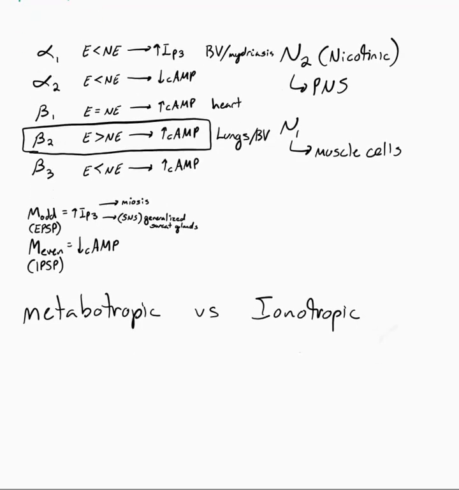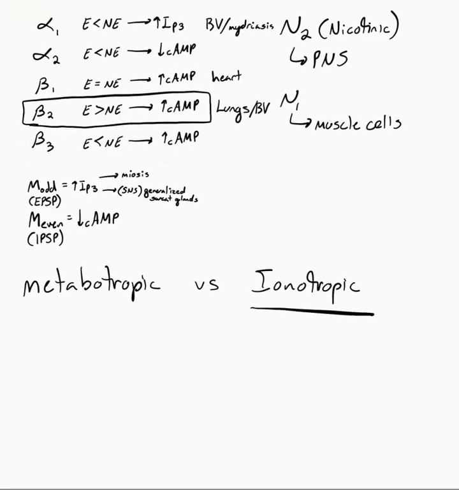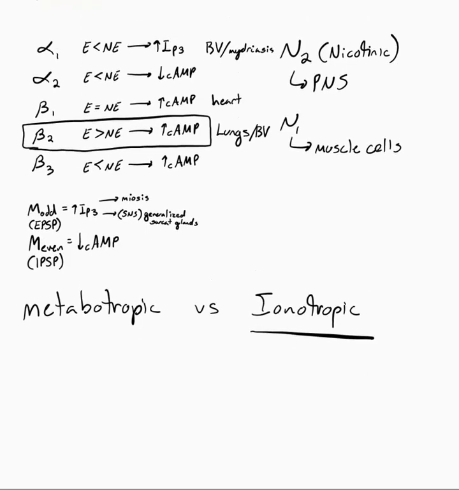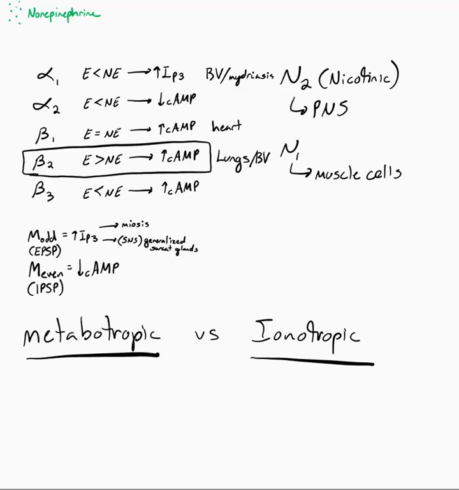And so something specified here, the difference between, as we said, nicotinic receptors are ionotropic. They are ligand-gated channels. The alpha, beta, and muscarinic receptors are metabotropic, meaning they are G-protein coupled receptors, or GPCRs. And this just means that they cause a cascade effect within the cell versus opening a direct channel to allow ions to flow.